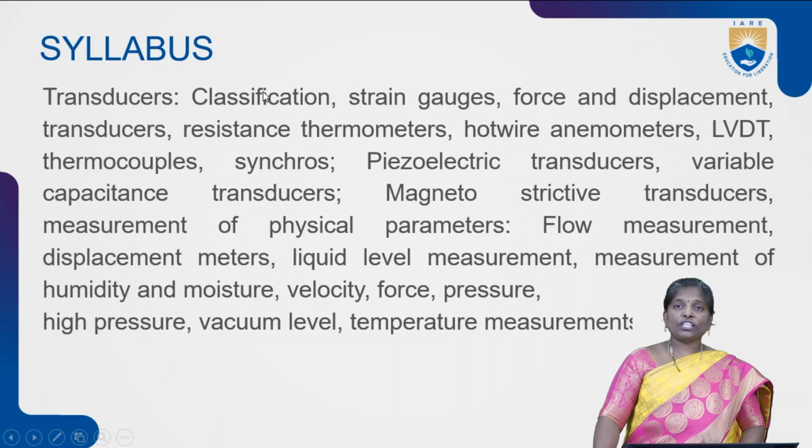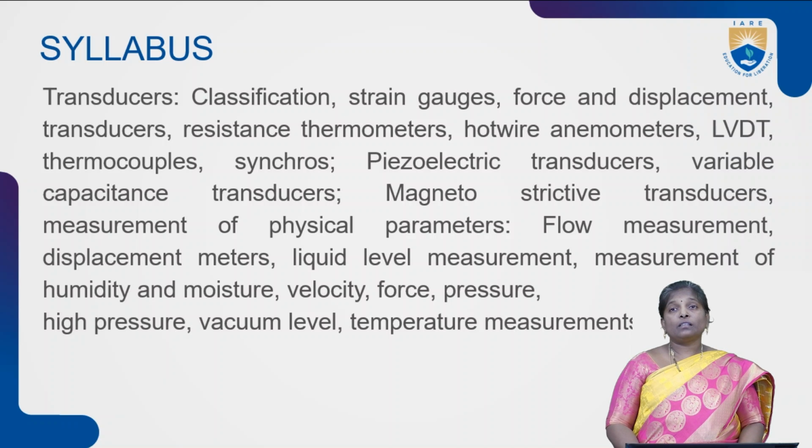Coming to the classification, we have different types of transducers like resistive transducer, inductive transducer, capacitive and conductive transducers. In the resistive transducer, again we have strain gauges and resistance thermometer, all these come under resistive transducer.